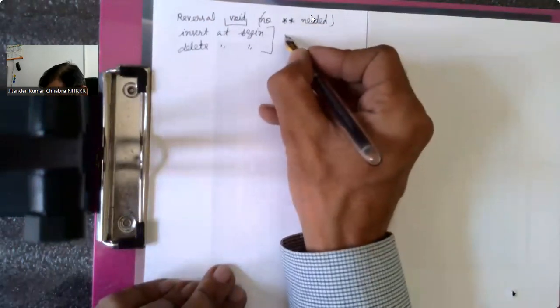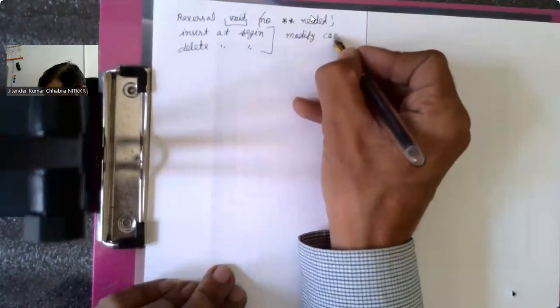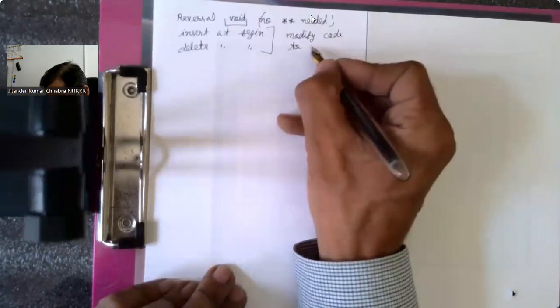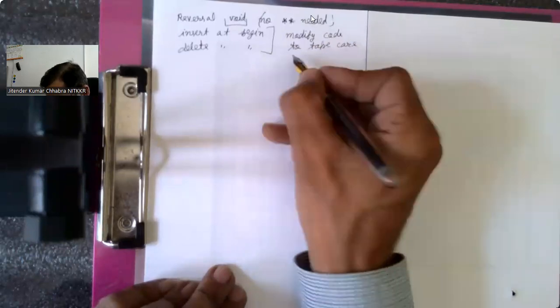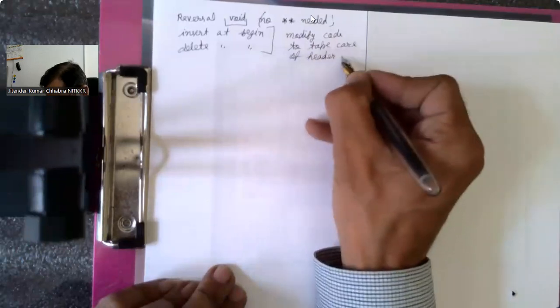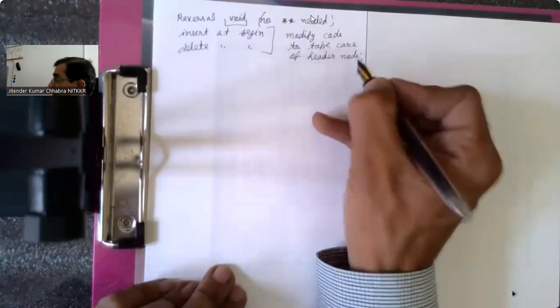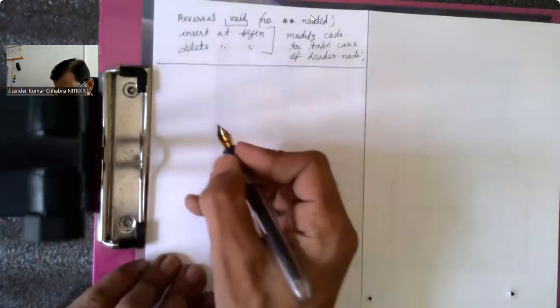So modify the code a bit to take care of the header node, and the rest is done. That's it. So I hope this concept is clear. I need not spend more time on this. So this becomes the concept of the header node.